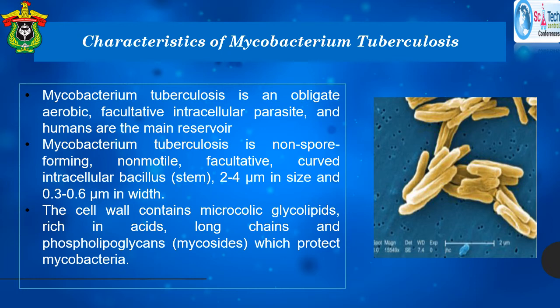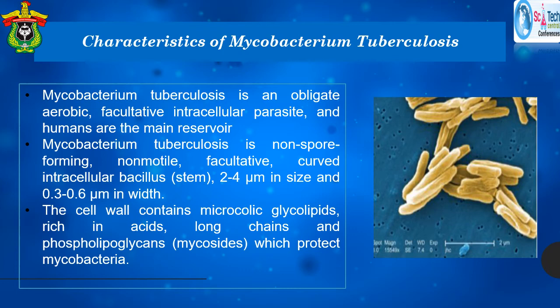This is the characteristic of Mycobacterium tuberculosis. Mycobacterium tuberculosis is an obligate aerobic, facultative intracellular parasite, and humans are the main reservoir. It is a non-spore-forming, non-motile, curved intracellular bacillus, 2 until 4 micrometers in size and 0.3 until 0.6 micrometers in width.